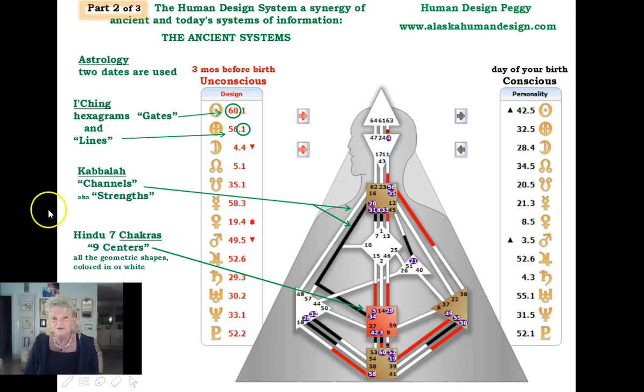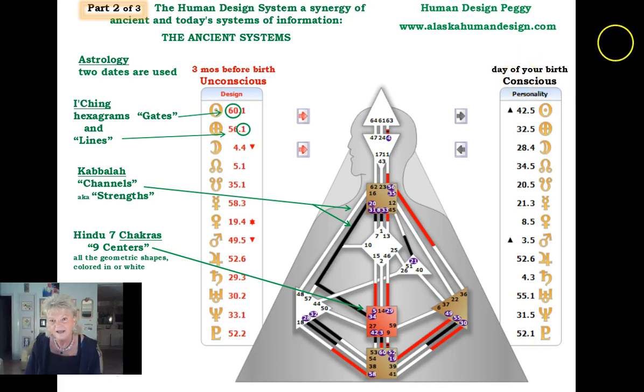All right, so these are the ancient systems and where they are in the body graph. This is a man's body graph. And so the astrological data is 2 dates are used. The date of a person's birth, and on the day that this man was born, the solar system symbols here activated certain areas in the body graph.